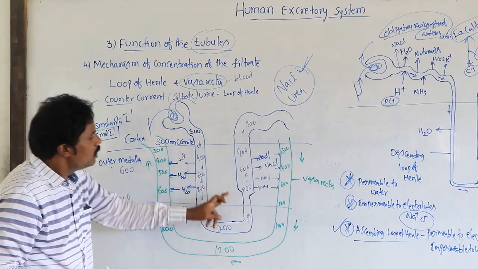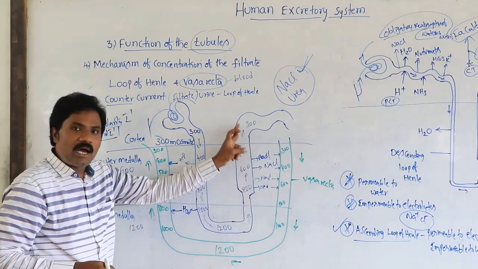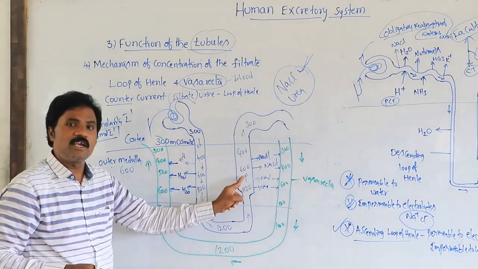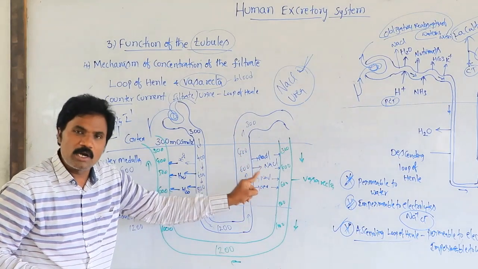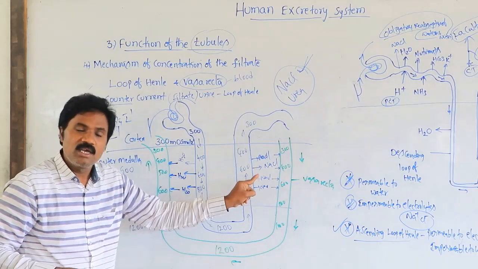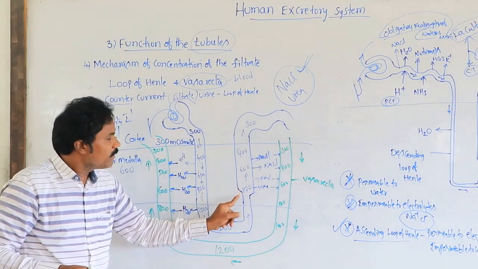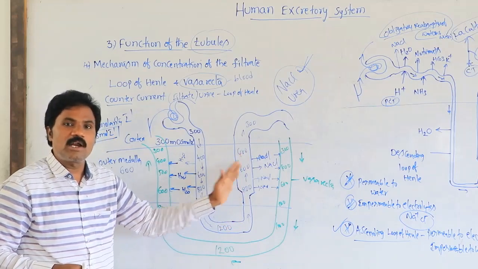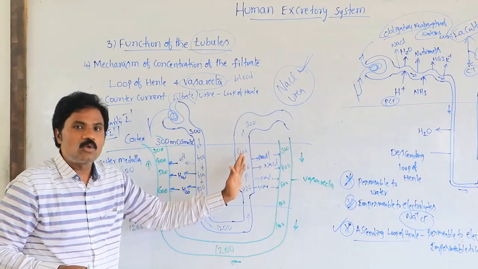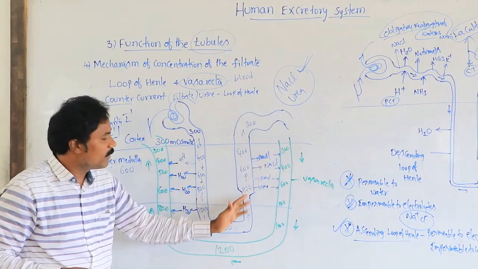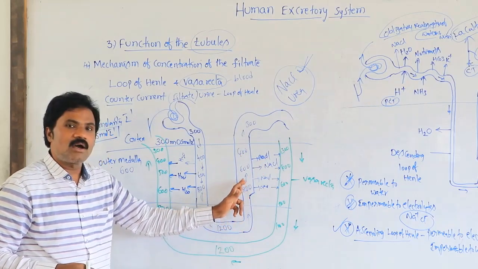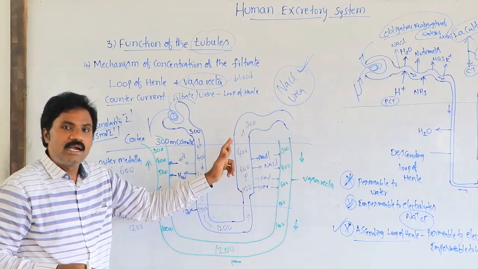Similarly here also, in the ascending loop of Henle, because of reabsorption of sodium chloride and electrolytes, what happened? Gradually it is diluted. The sodium and electrolytes enter towards the body. Because of dilution, in the ascending loop of Henle the concentration gradually decreases.